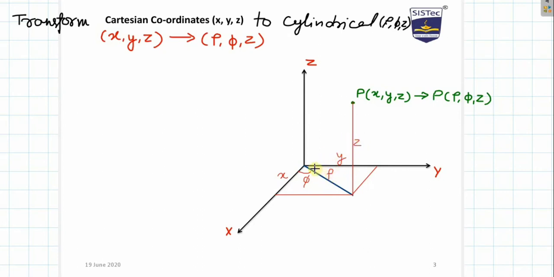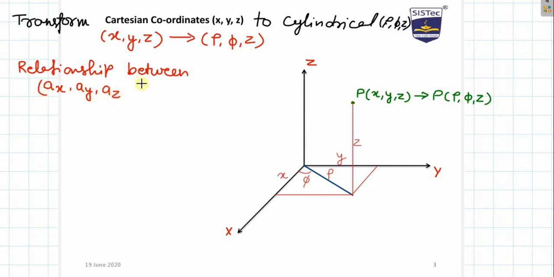Okay, now since we have to transform this Cartesian coordinate to cylindrical coordinates, we need to have the relationship between the unit vectors ax, ay, az.